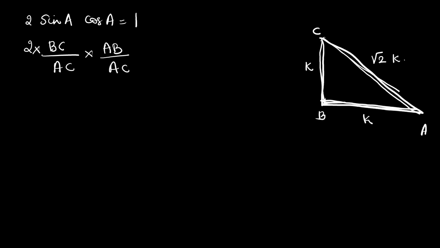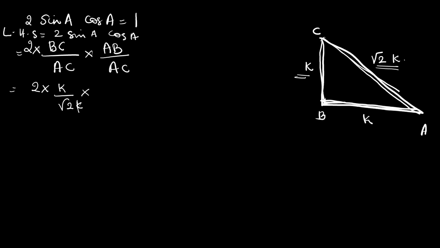That is, this is the LHS. LHS is 2 sin A cos A, and that is equal to 2 into BC by AC into AB by AC. Now this is 2 into, what is BC? BC is K, divided by AC which is root 2K, into what is AB? AB is K and AC is root 2K.